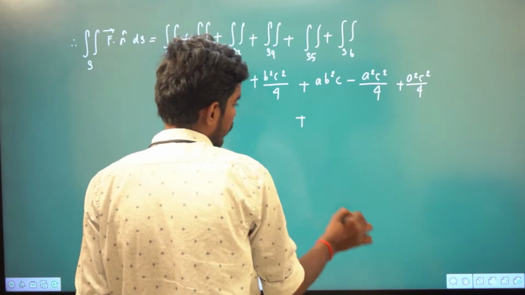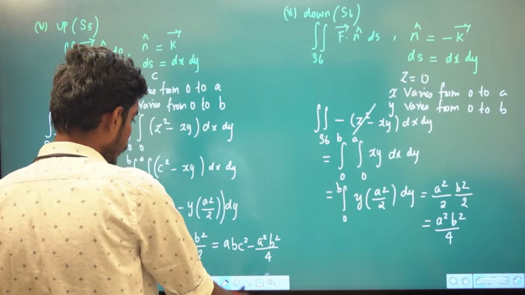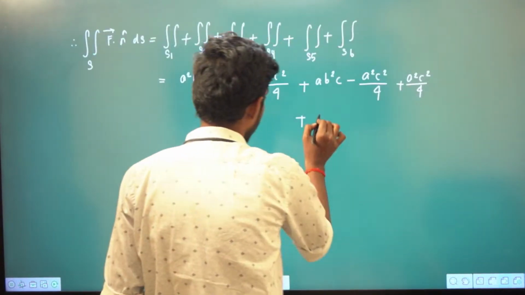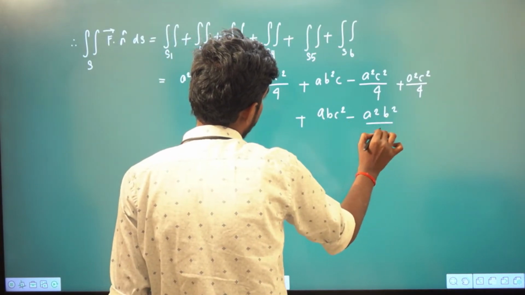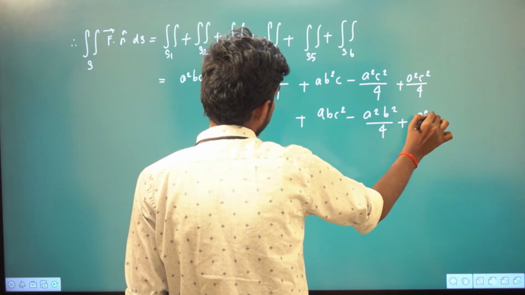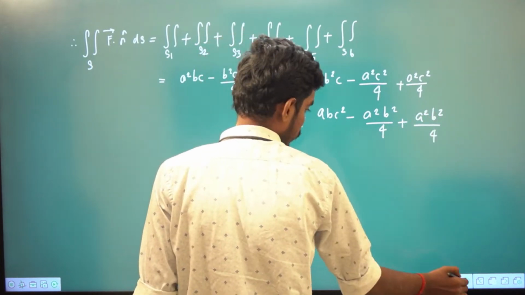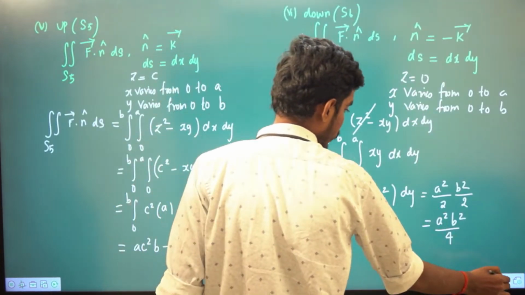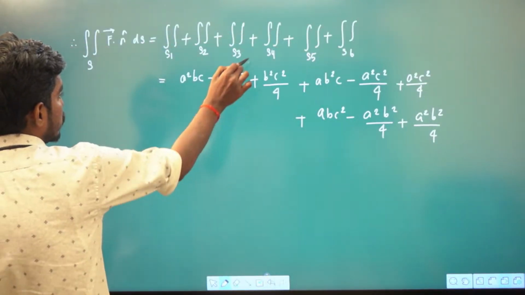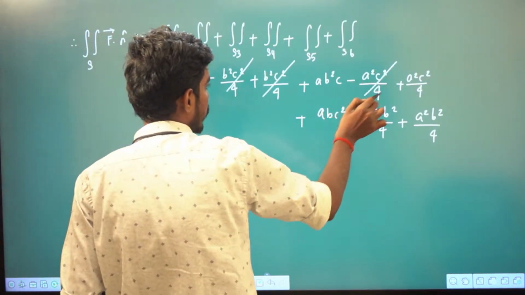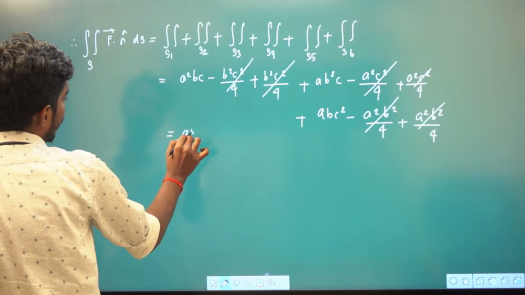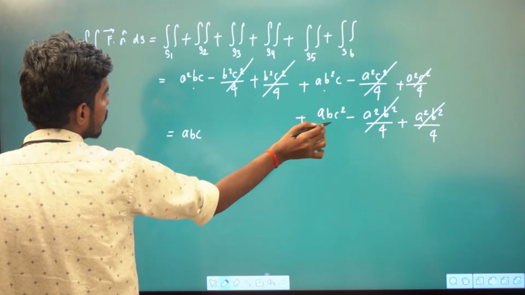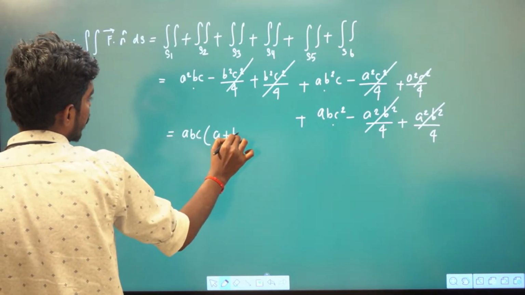Now your s5. So s5 is abc square minus a square b square by 4, plus your s6 is a square b square by 4, right? Now these terms will get cancelled. If I take abc common, you will have a plus b plus c.